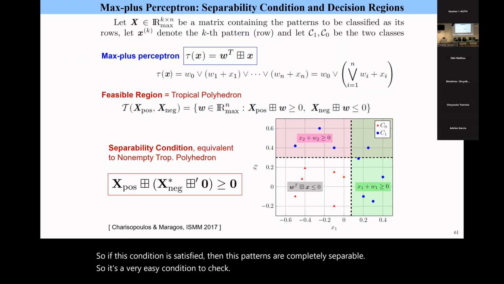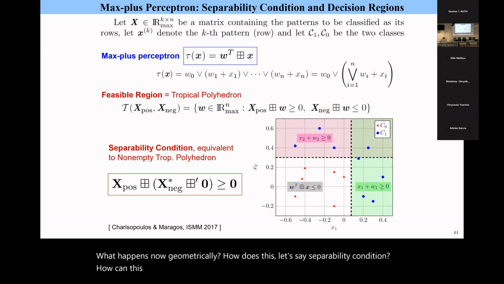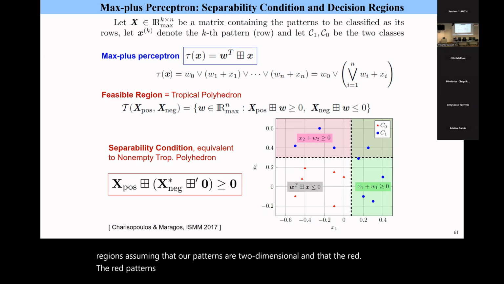What happens now geometrically? How can this separability condition be interpreted geometrically? You see on the right here the individual regions, assuming that our patterns are two-dimensional and that the red patterns are the positive ones, the blue ones are the negative ones.